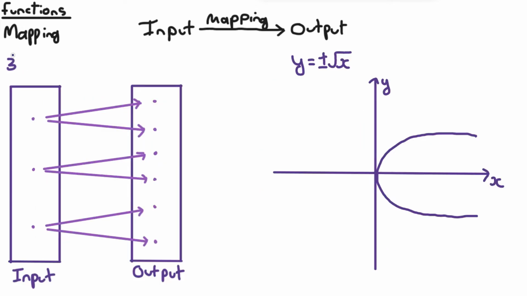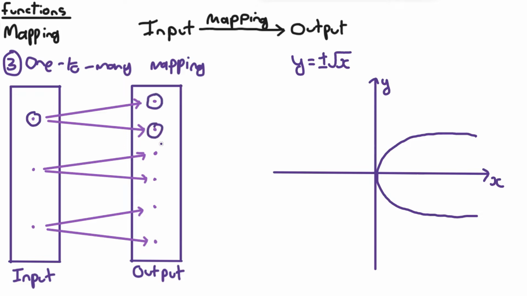And then the third type of mapping is a one-to-many mapping. And this is where one input can give out multiple different outputs. You can see this with an example where this one input can give out 2 different possible outputs.